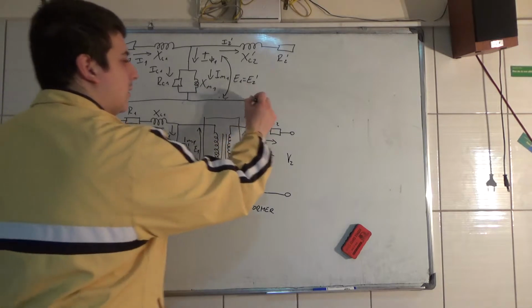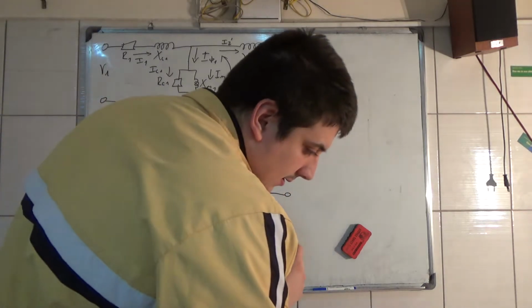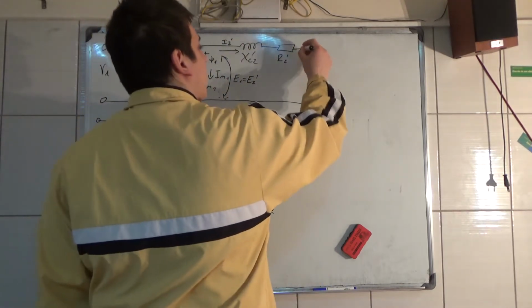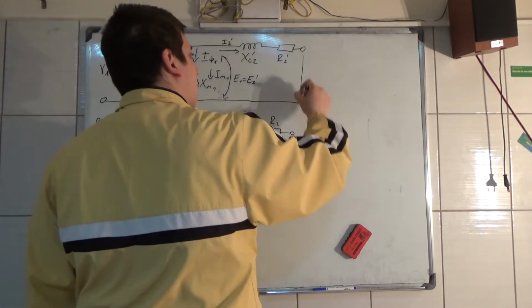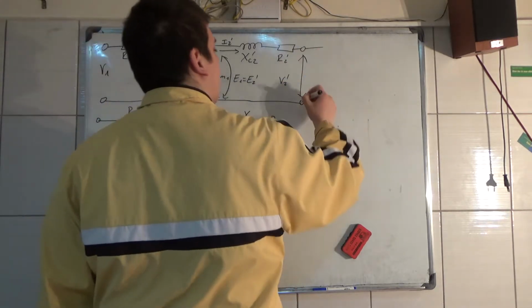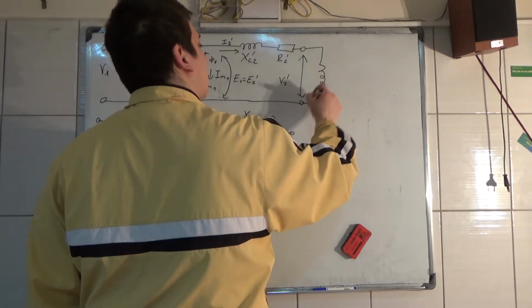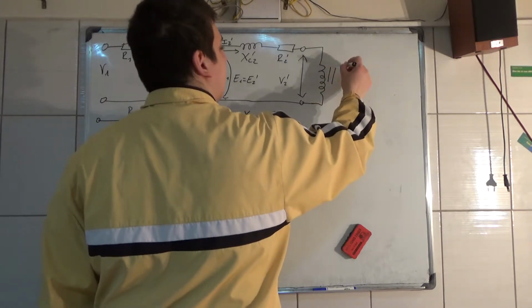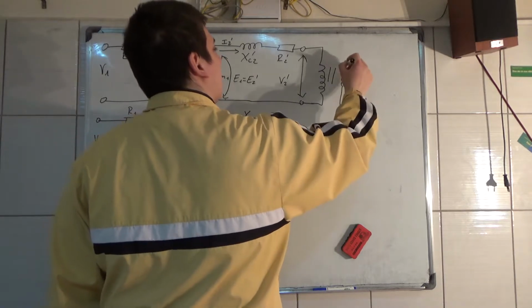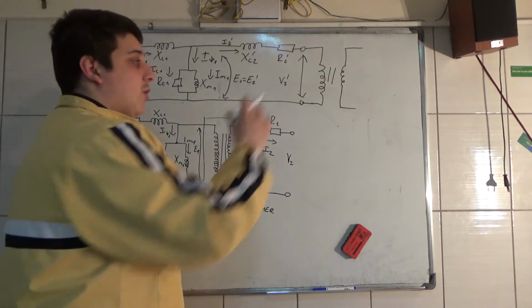Okay. Now we have the V2 transferred to the primary side, and then we have an ideal transformer over here that goes to the load.